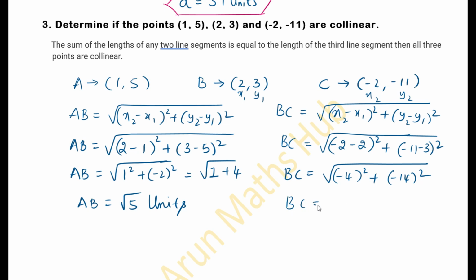Minus 4 whole square is 16, and minus 14 whole square is 196. If we add 16 plus 196 we get 212. Therefore the length BC is root 212 units.